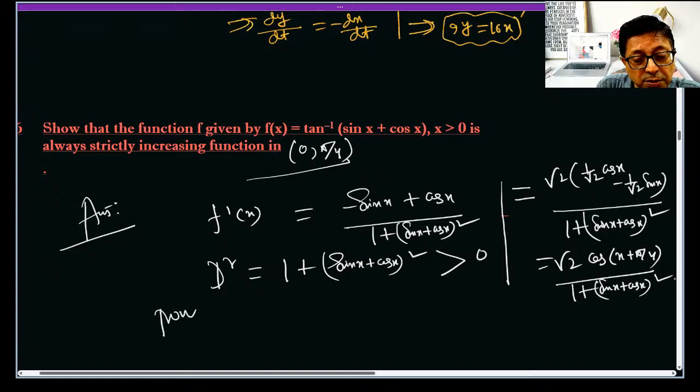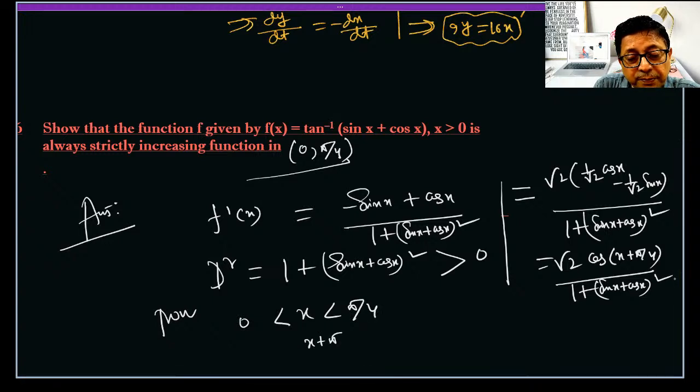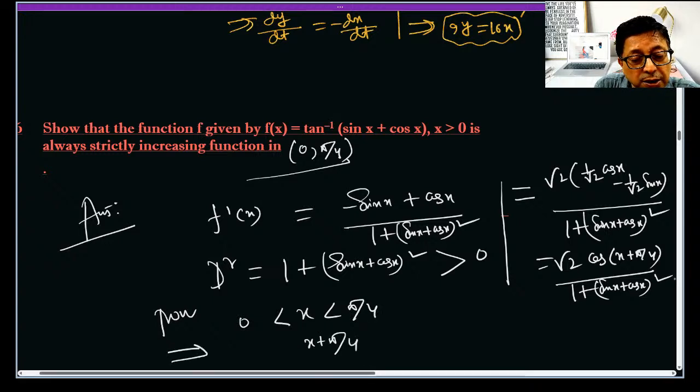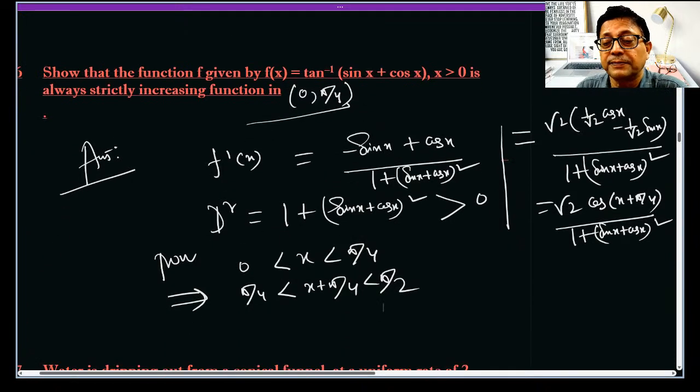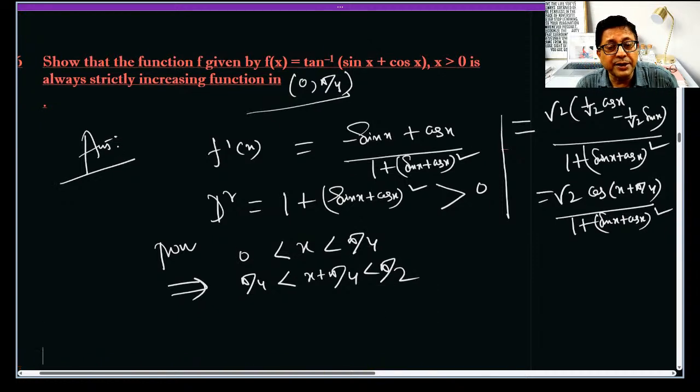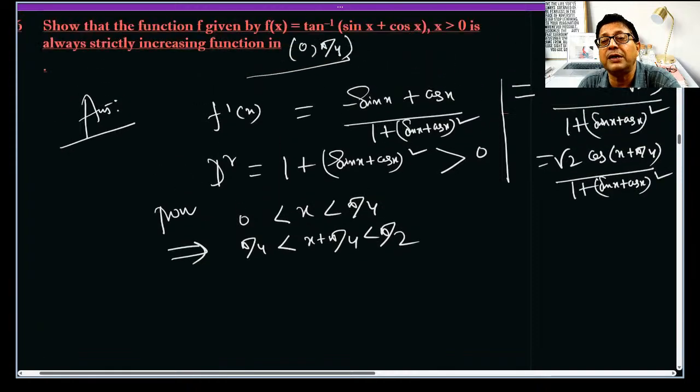Now x is greater than 0 and less than pi by 4. This implies what? x plus pi by 4 is greater than pi by 4 and less than pi by 2, isn't it? Hope you have understood. So this is lying in which quadrant? In the first quadrant.